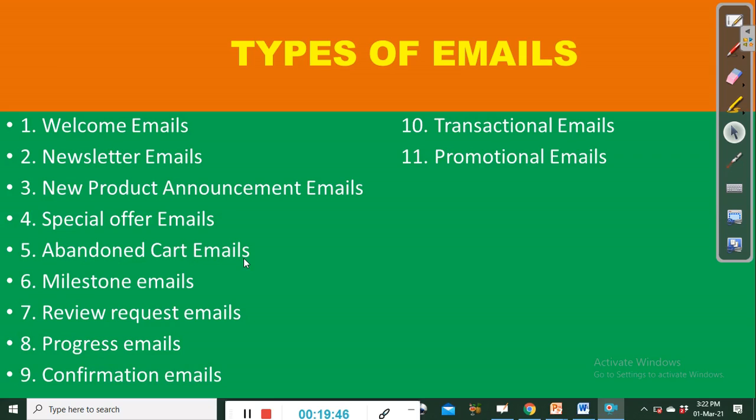Abandoned cart emails are a way to convert lost business and turn a lost prospect into an active customer. Someone showed interest in buying your goods or services and almost made a purchase but stopped halfway.